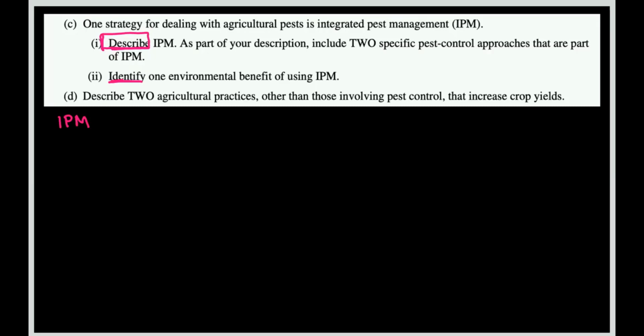When we get to the agricultural unit and you've learned about IPM, this would seem super easy, like, oh, I know this. But again, I was trying to find an FRQ that best fit this type of FRQ on the new style AP exam. So IPM uses biological, that made a mess.